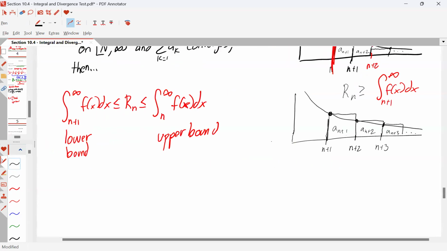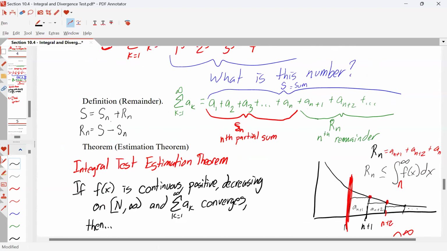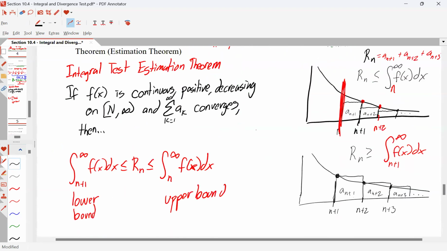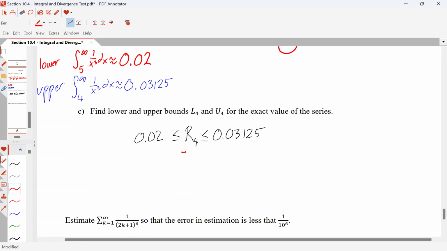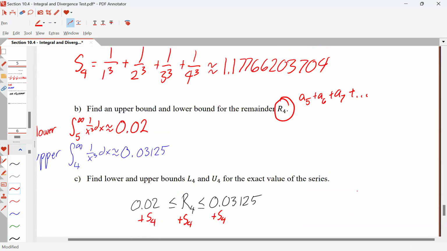As we saw up here, if I take my remainder and I add on my partial sum, that is the series. So I'm going to take my remainder and add the fourth partial sum. The fourth partial sum we worked out to be that long decimal, 1.177, and so on.